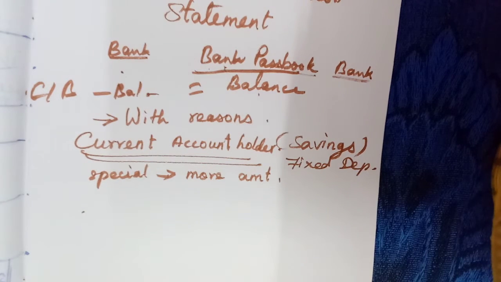But if we have a savings bank account or a fixed deposit account, we can withdraw only within the available deposit amount. If we have deposited a fixed deposit of 1 lakh or 5 lakhs, only that we can withdraw from the bank. They may not allow even a single paisa above our available balance.